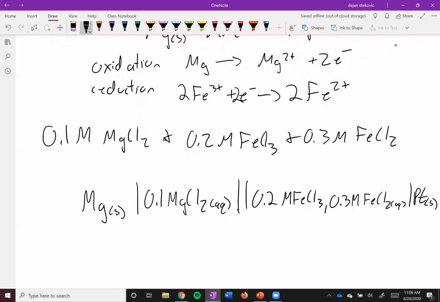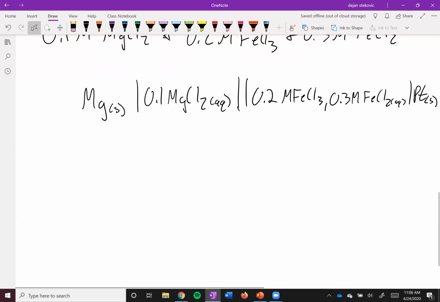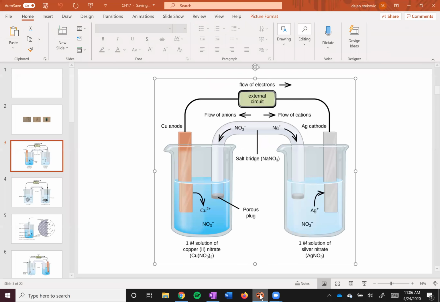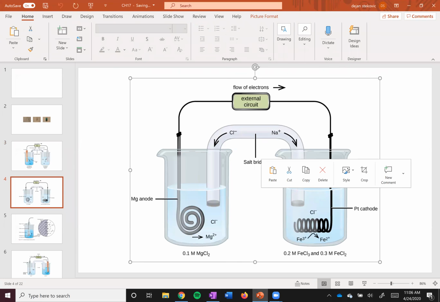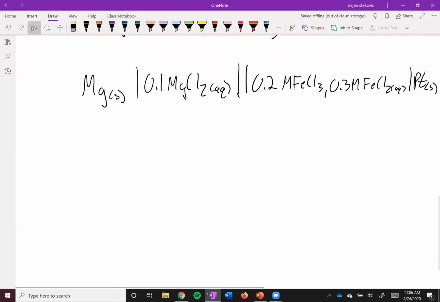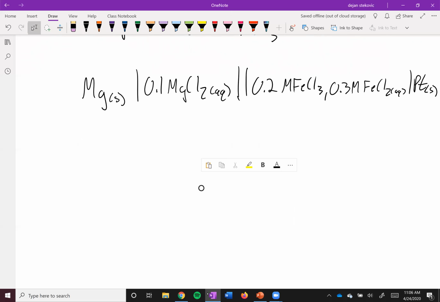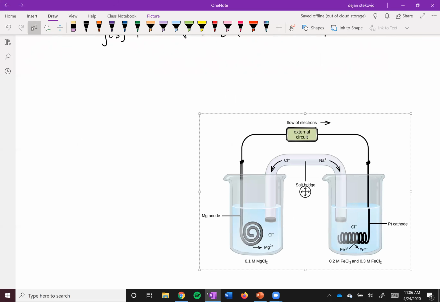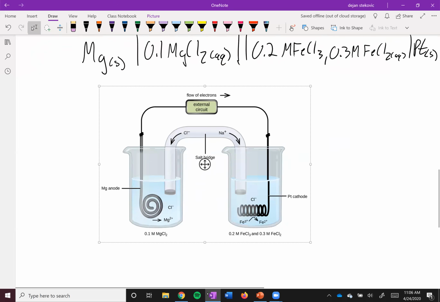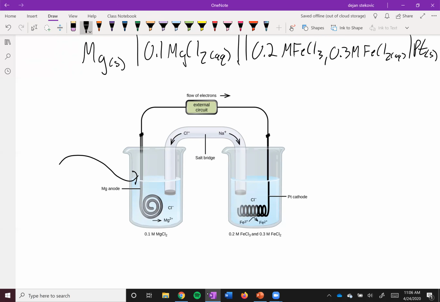In this case, we don't have an iron electrode. We have a platinum electrode. So let's take a look at what that cell would actually look like. Right, and according to our cell notation, this is exactly what our cell would look like. Notice on the left, we do have this electrode is actually interacting, right?